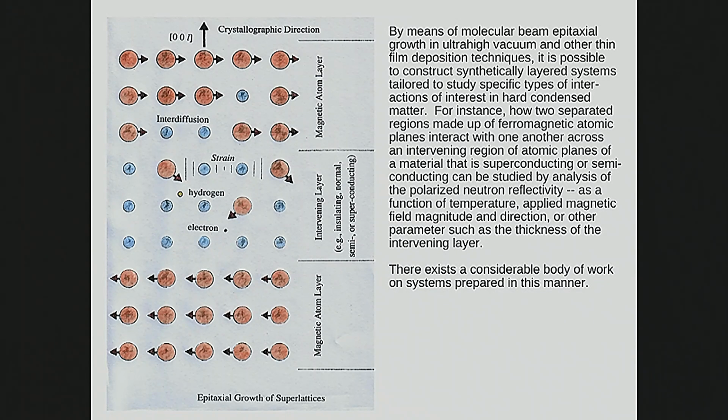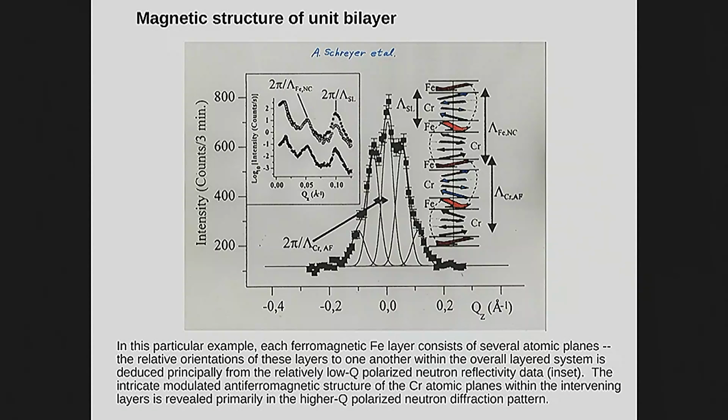And for example, you could study what the magnetic interaction between this slab and that slab is, but you can do it in a systematic, controlled way, using polarized neutron scattering to study the system that you construct.